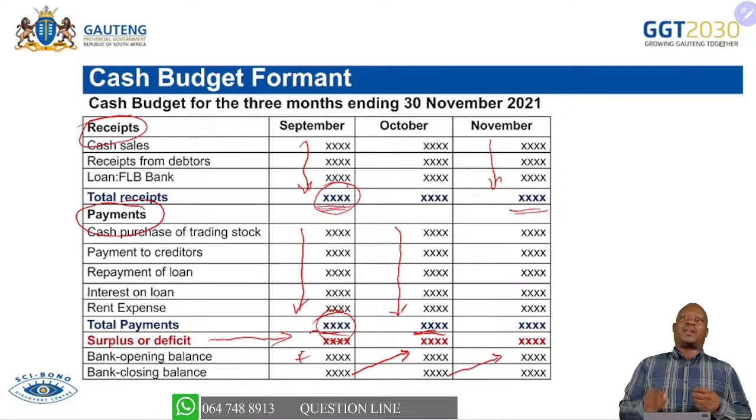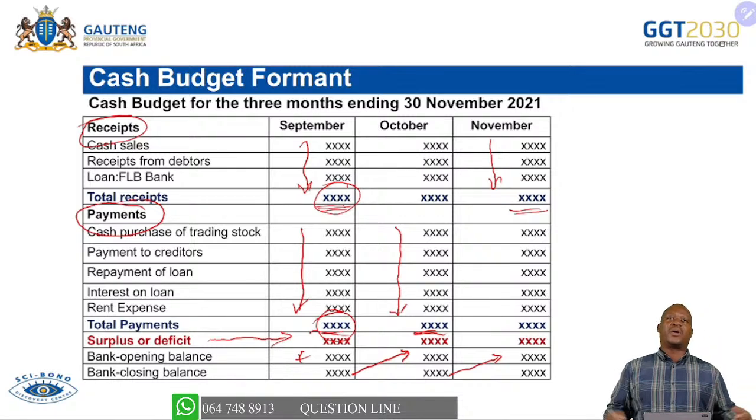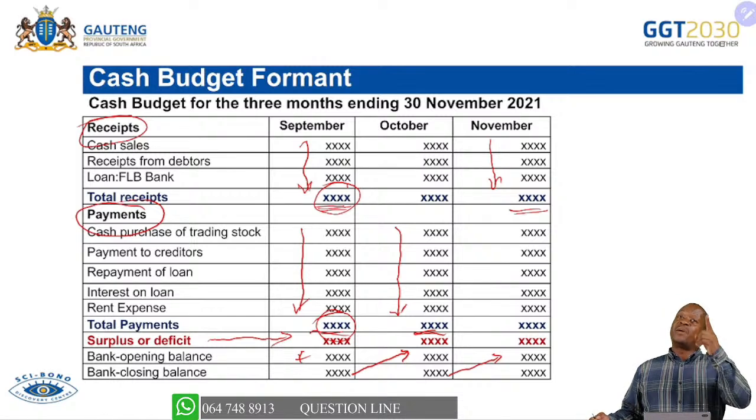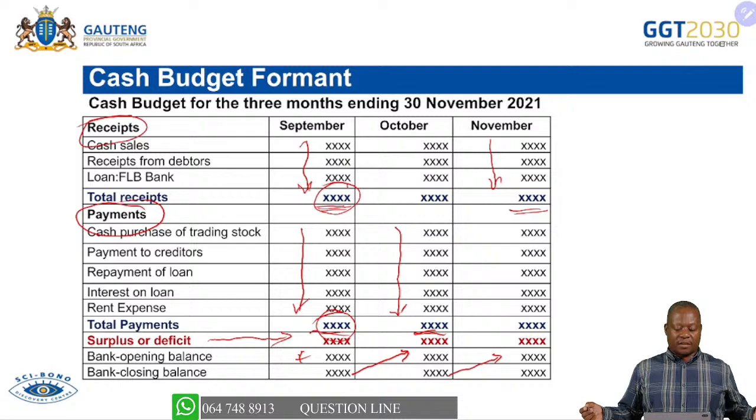That is very important, because you are going to find a situation in which they are going to ask you the opening balance for November, and from the information that is given, you can't find it. But are you able to find the closing balance for the month of October? If your answer is yes, those two figures are the same. What are you waiting for?